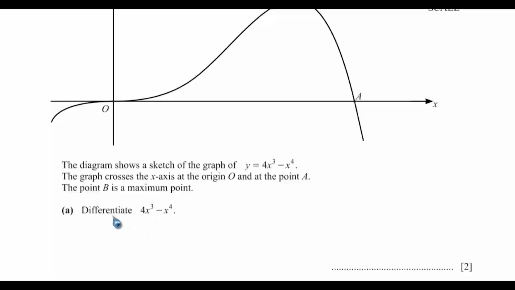So if you differentiate this, dy/dx will be 3 times 4, that is 12x to the power of 2, minus 4x to the power of 3. So that will be your answer: 12x squared minus 4x cubed.